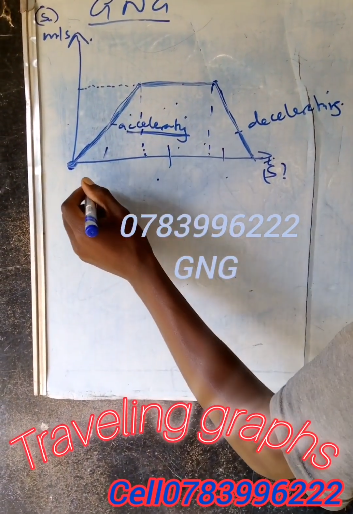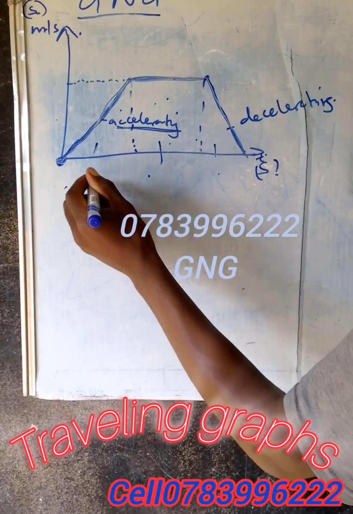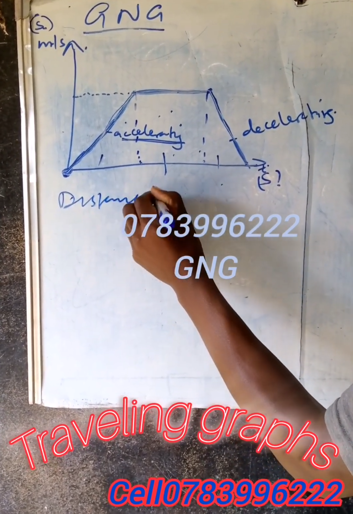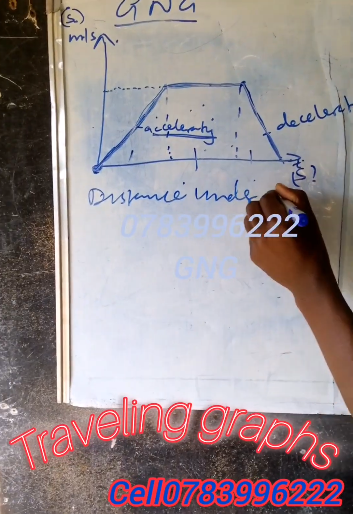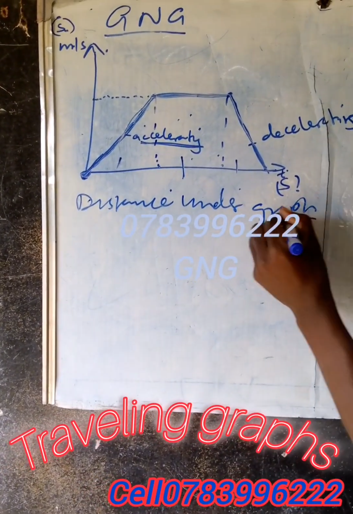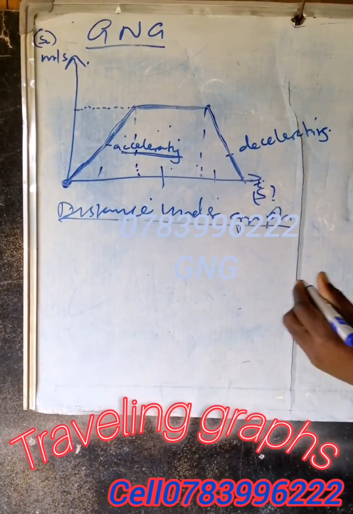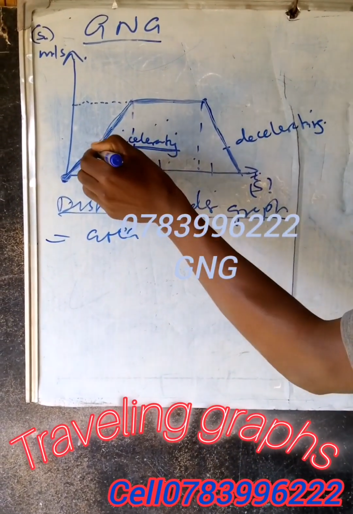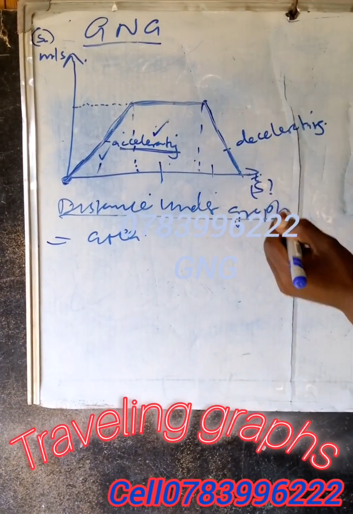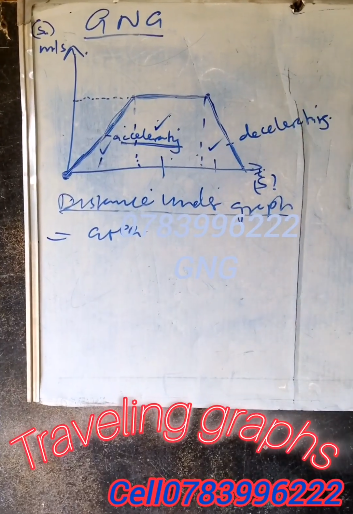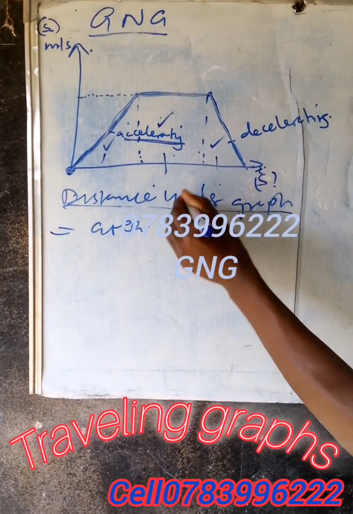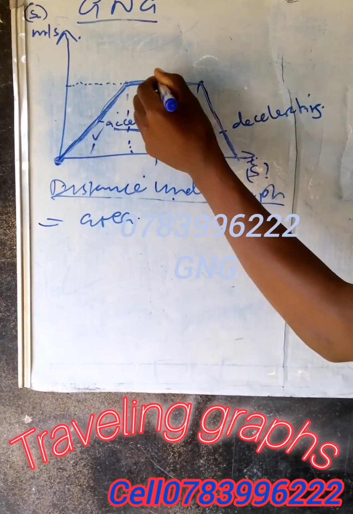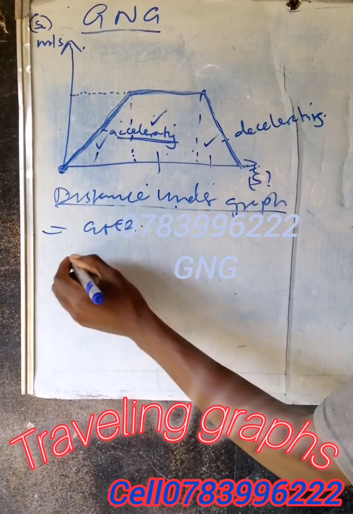So we can find the distance under the graph. From this graph, distance under the graph is equal to the area, right? We can find the area of this triangle plus the area of this rectangle plus the area of this triangle. That is the distance. Or I may just find the area of the whole trapezium.